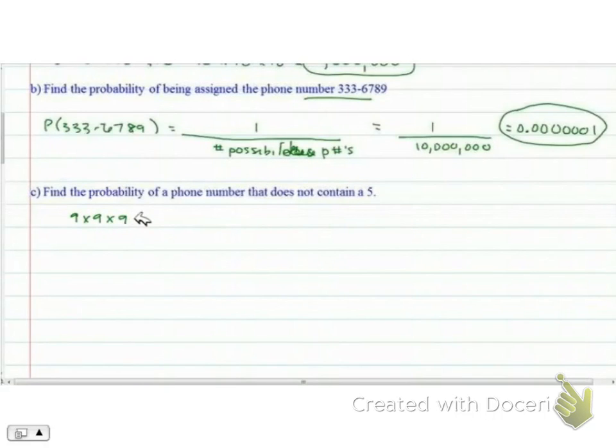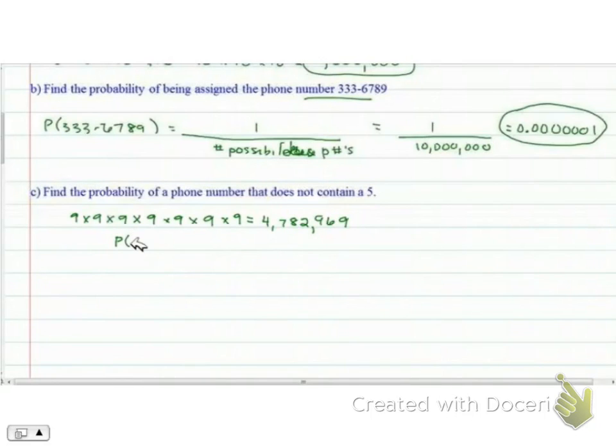So we're going to take 9 times 9 times 9 times 9 times 9 times 9 times 9, that's 1, 2, 3, 4, 5, 6, 7, okay? And here we get 4,782,969.